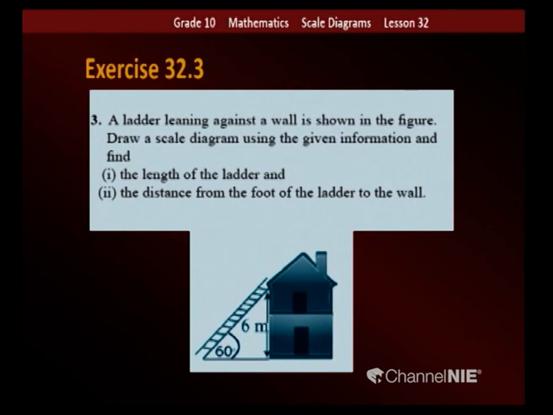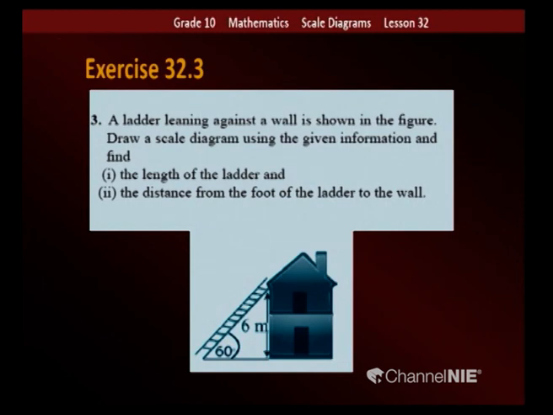Okay. We'll see. A ladder leaning against a wall is shown in the figure. Draw a scale diagram using the given information, and first you have to find the length of the ladder and the distance from the foot of the ladder to the wall.